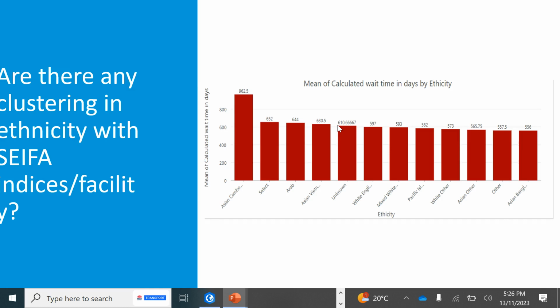We were also looking at different visualization and graph techniques, and we were asking questions such as, are there any clustering in ethnicity with SEIFA indices? One axis was the ethnicity, where they're coming from or where they were born, and then the mean of calculated waiting time.